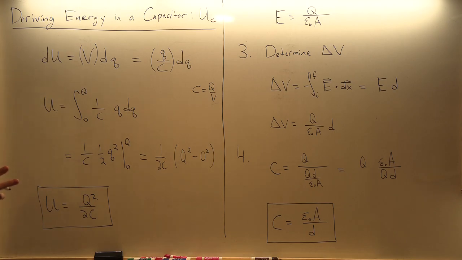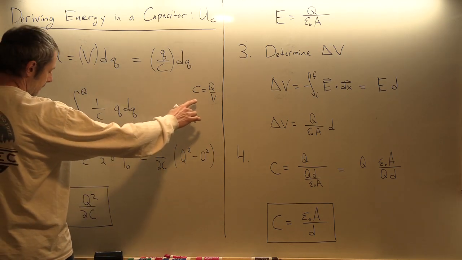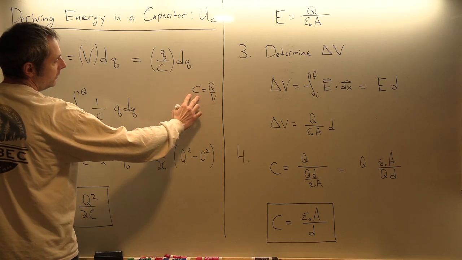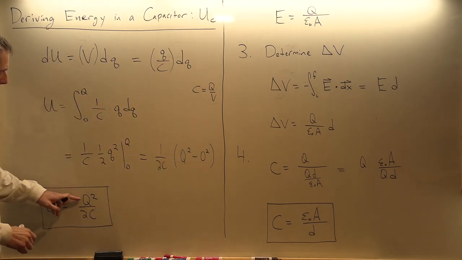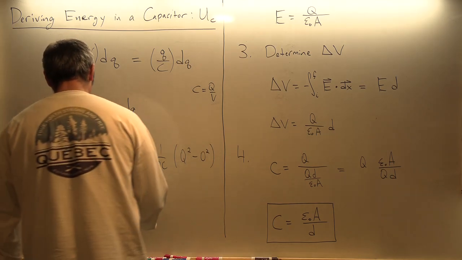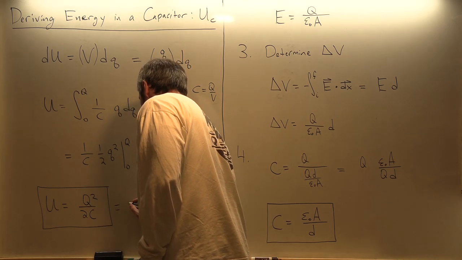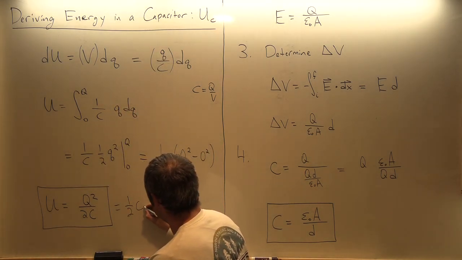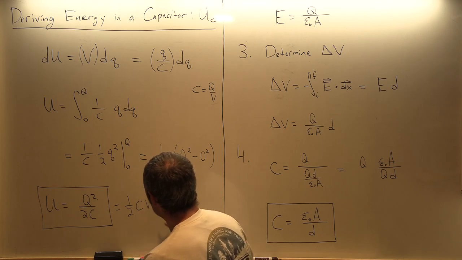But there are two other forms. For example, from this formula, if you want to get rid of the charge Q, then what you have is CV equals Q. So if I put that here, I get C squared V squared on the top over 2C, which gives us, if you simplify, 1/2 CV squared.